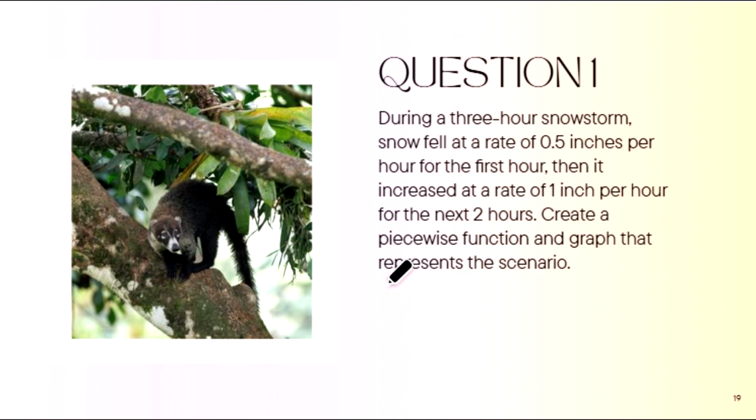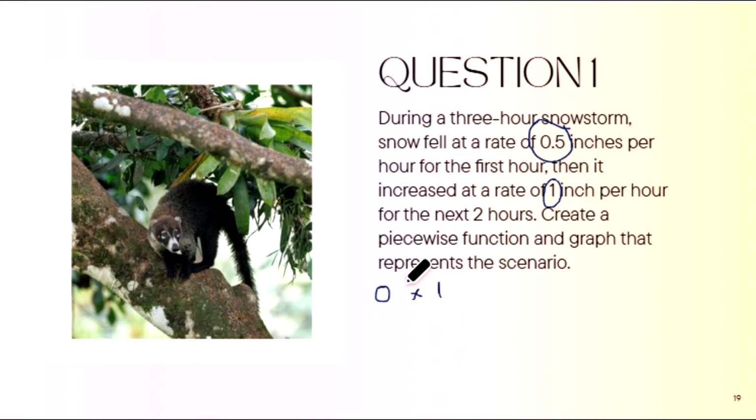Okay, so first we need to figure out the domains for each of these. During a 3-hour snowstorm, snow fell at a rate of ½ inch per hour for the first hour. So this is our first m, and this is our second m. This is the rate of change. So for the first hour, that range is 0 to 1, and x is right here.